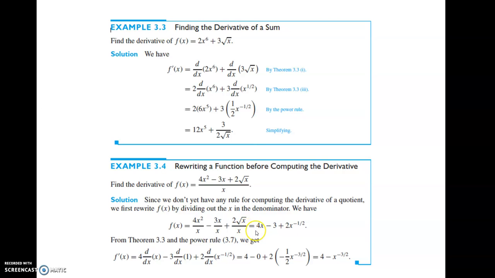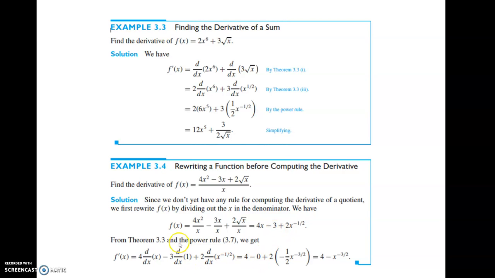So x cancels, 4x, again x cancels, 3, and here the power of x is half and here the power of x is 1. I bring it up, that is 1/2 minus 1, it is minus half. Then I find the derivative of this. The derivative of 4x is 4 into 1, and the derivative of 3 is directly 0.